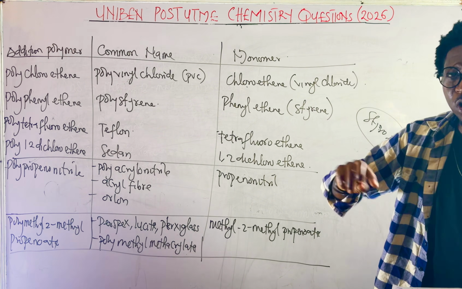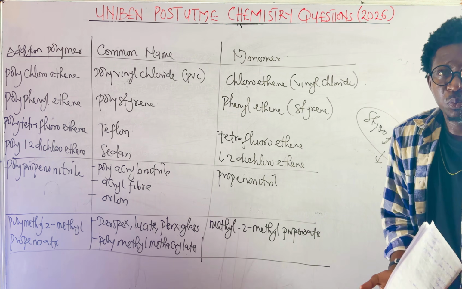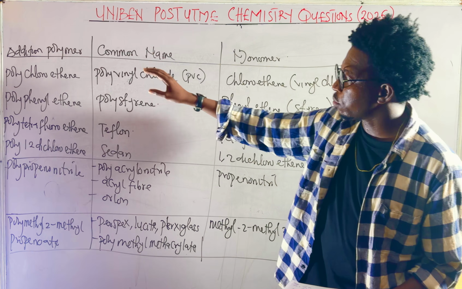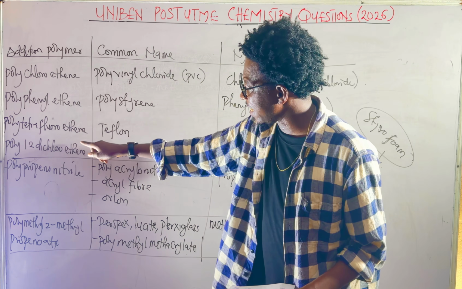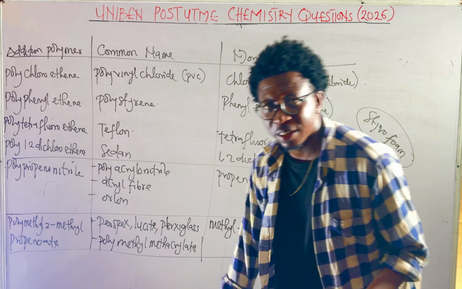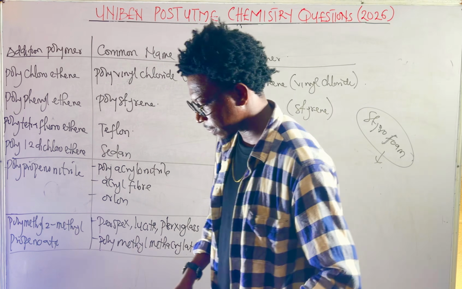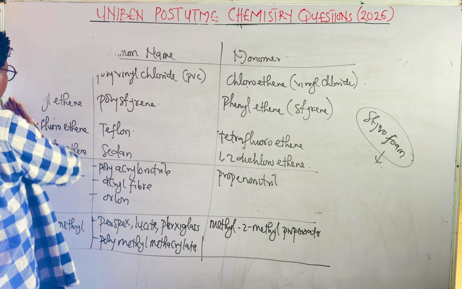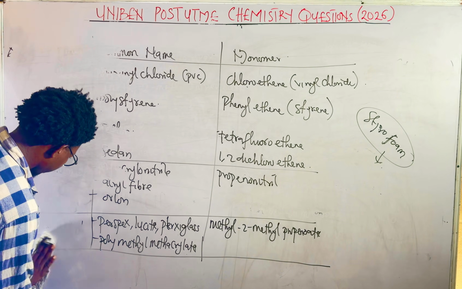Another addition polymer that is very common is polyethylene. What's the monomer of polyethylene? Remove the poly: ethene. So how do you know addition polymers? In most cases, they are usually unsaturated. So it's easy for us to know them. Now, then we look at the next one.